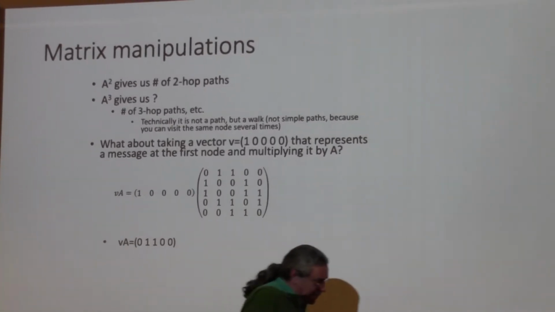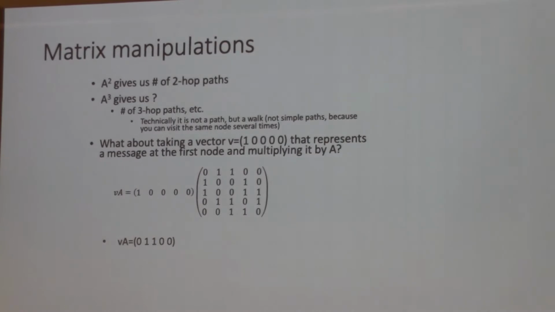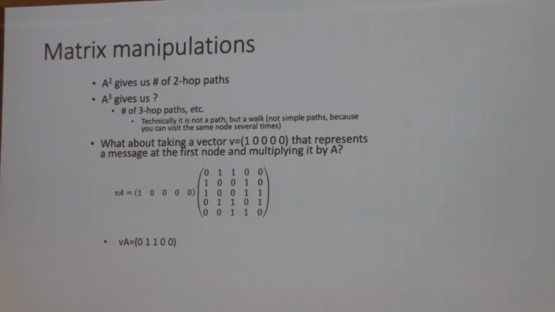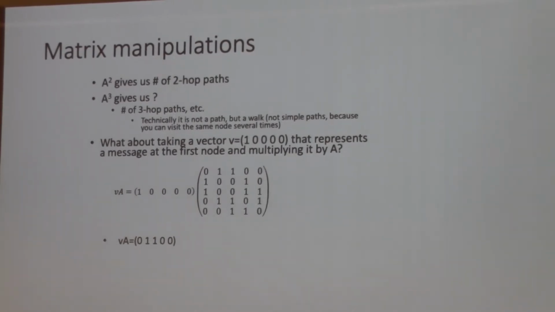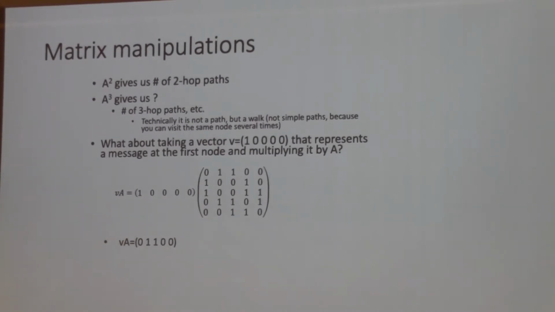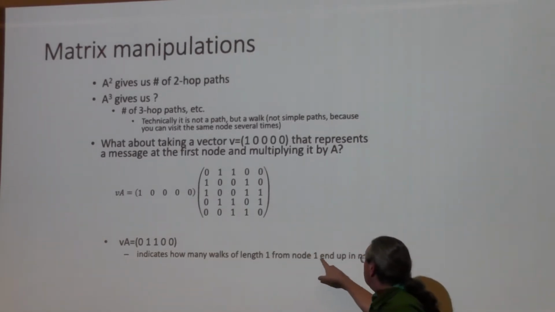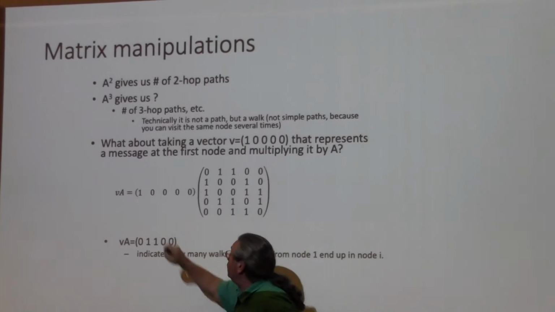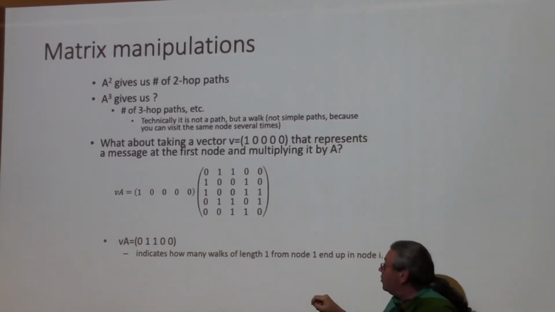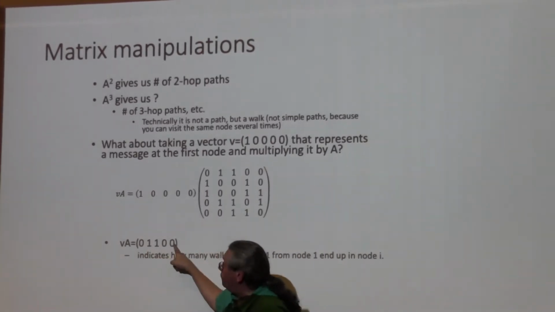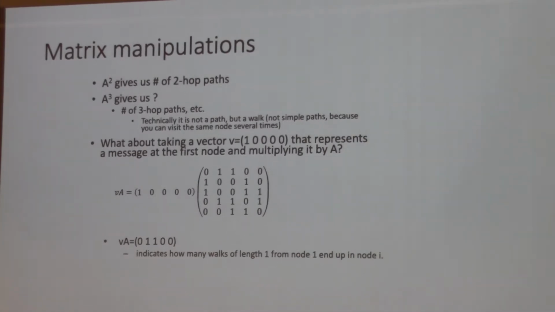So it's basically the number of walks of length 1, starting from node 1 and ending up in node i. It goes from 1 to 5. So you see we're going to start doing interesting things here.